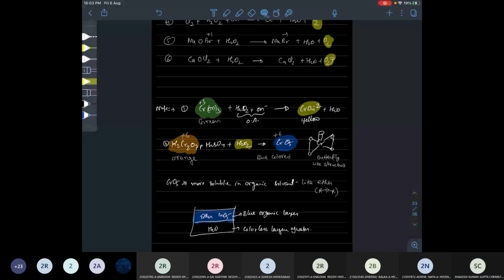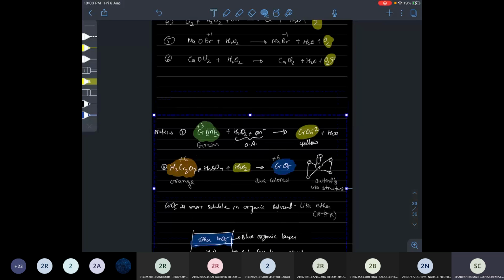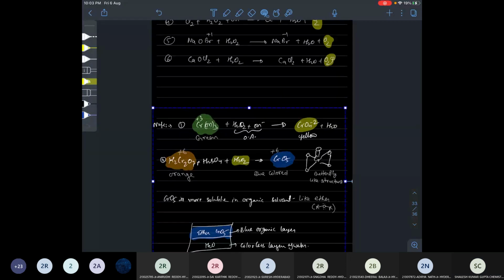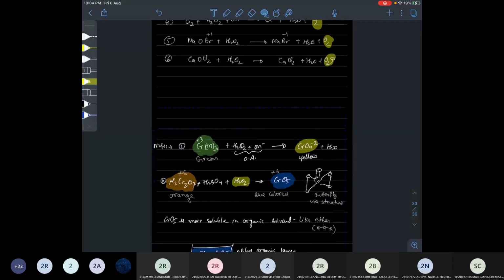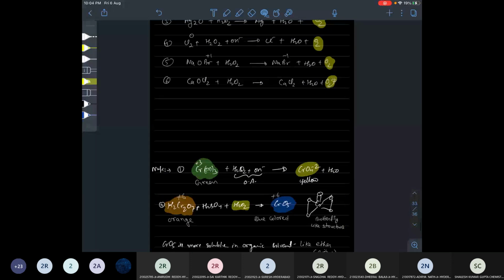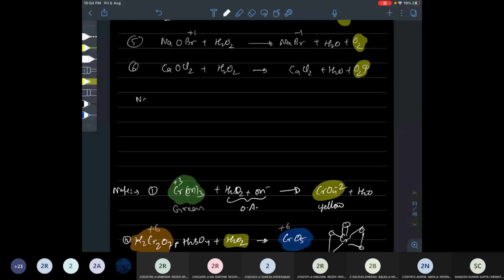So these are special reactions. Whenever H2O2 acts as reducing agent, it evolves O2.